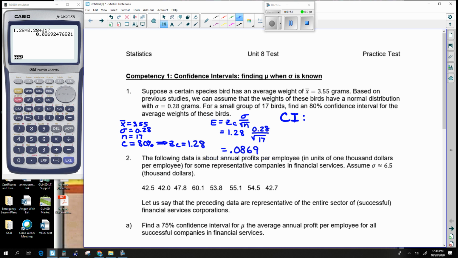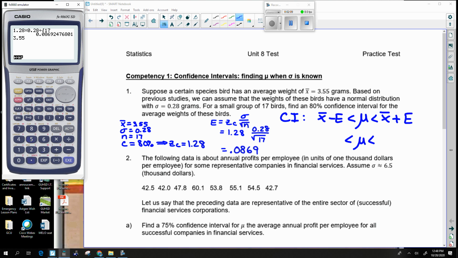So a confidence interval is the sample average minus E is going to predict the population average, to the sample average plus E. So our guesstimate is the X bar, but we know it's wrong, so we put on this error factor to it.